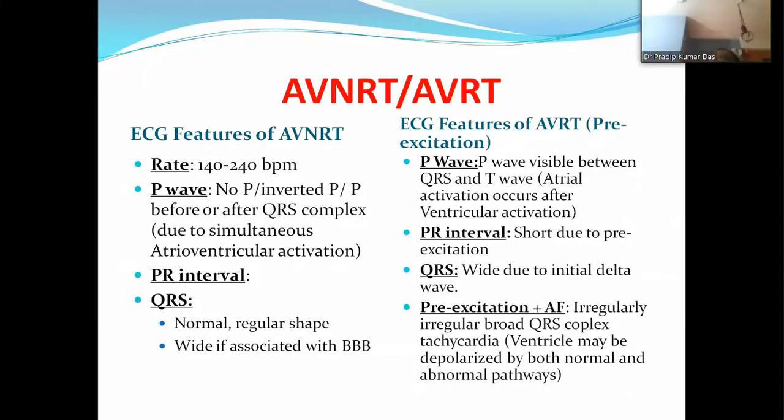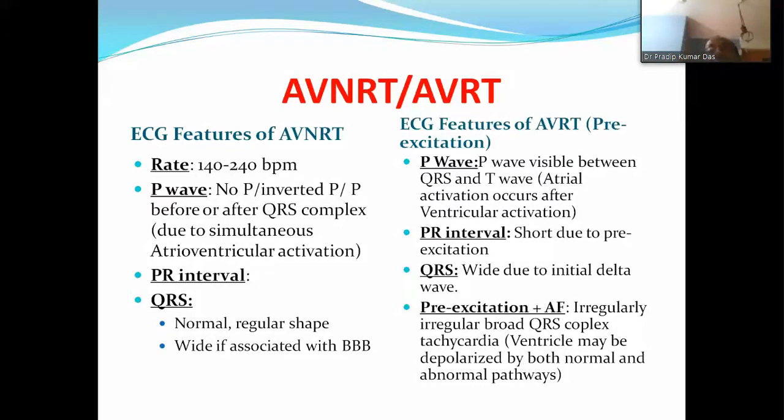In case of AVRT, if the accessory pathway gets its transmission faster, and the atria are activated again retrogradely after the ventricle, then the P wave is visible between the QRS and T waves, as ventricular transmission occurs earlier and atrial activation occurs retrogradely after the ventricular contraction.